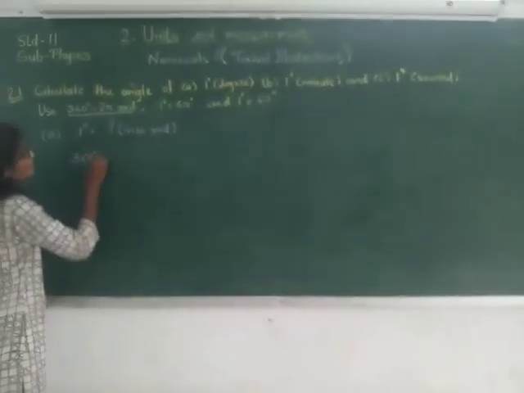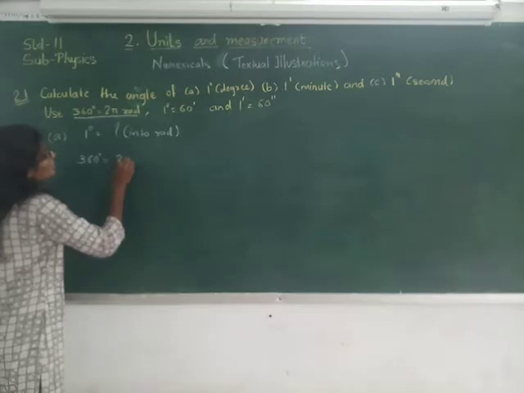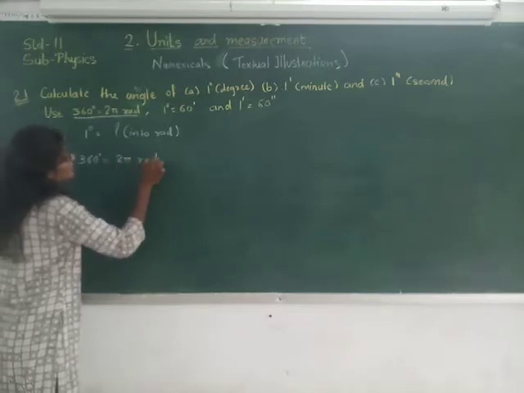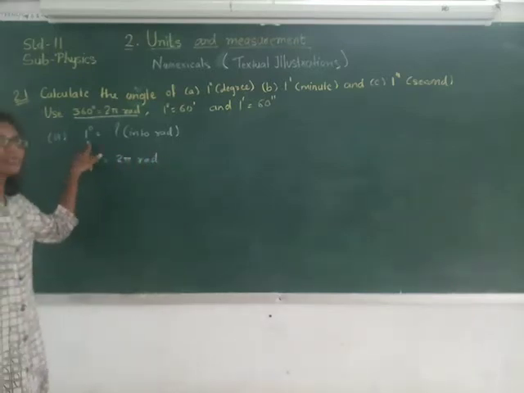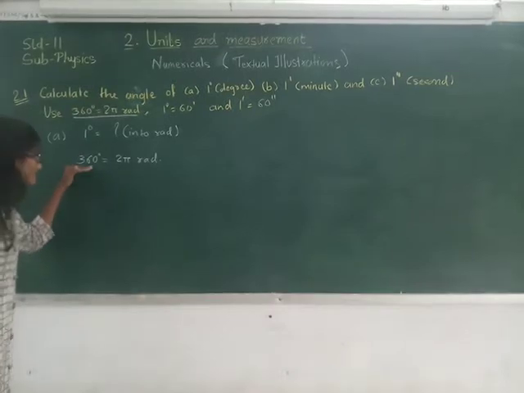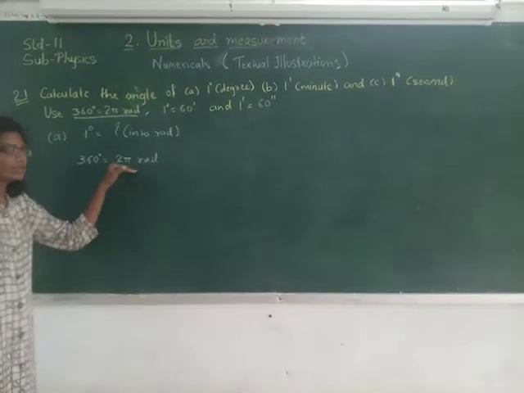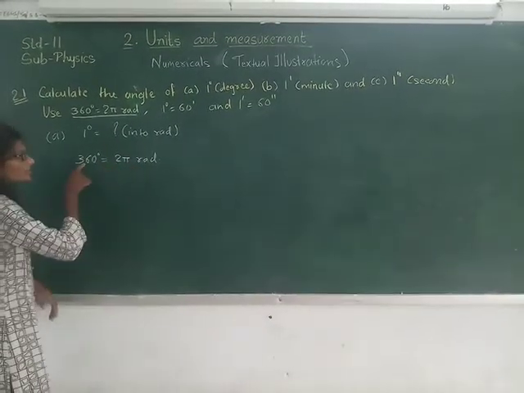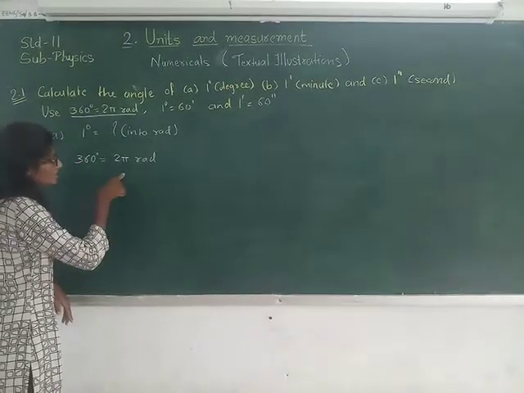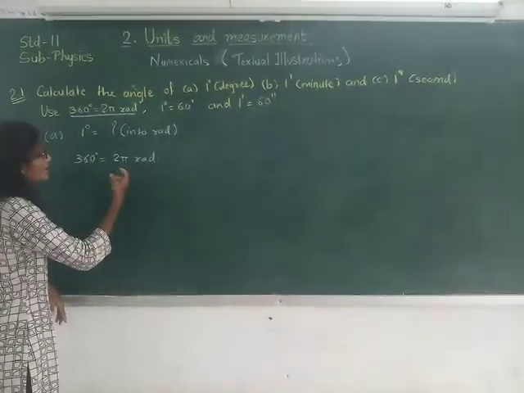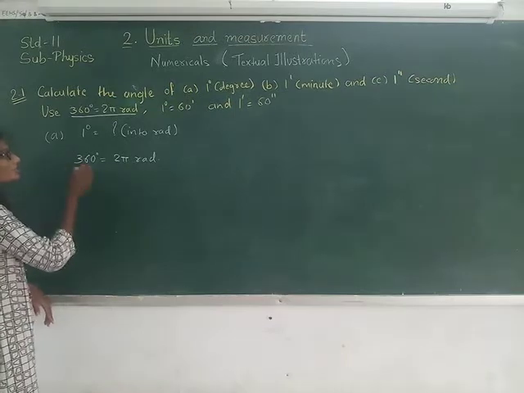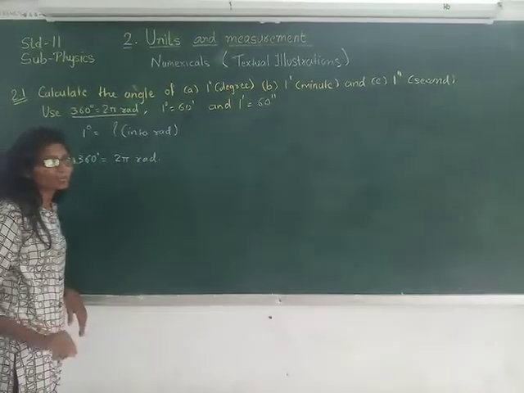360 degree equals to 2 pi radian. Now see, here we want the value of 1 degree, right? So this 360 is to be divided over here. You can take the cross multiplication, taking this on the other side in the denominator, or you can also say dividing 360 on both these sides.